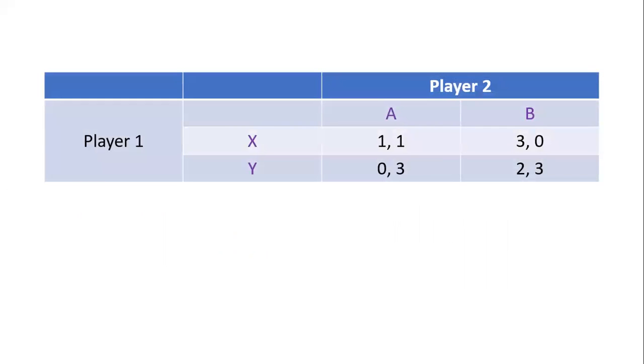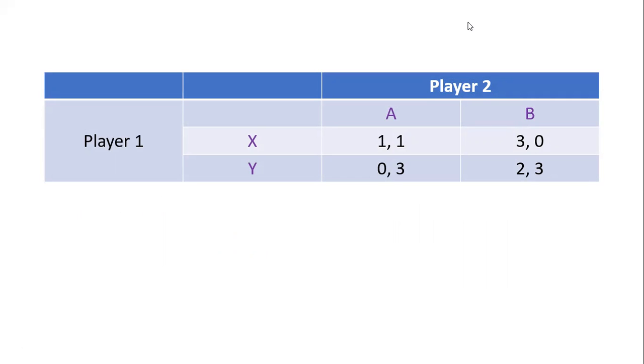Now let's do an example of this. Again, we have two players. Player 1 can either play X or Y. Player 2 can either play A or B. Now let's see if there is a Nash equilibrium in this game or not.